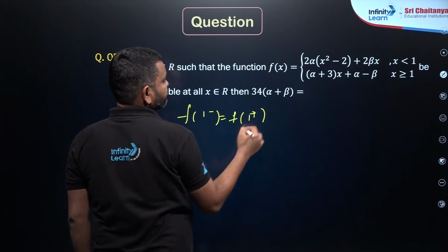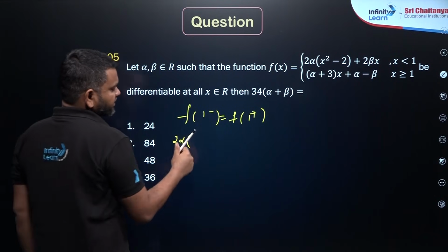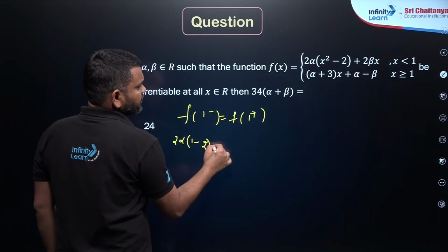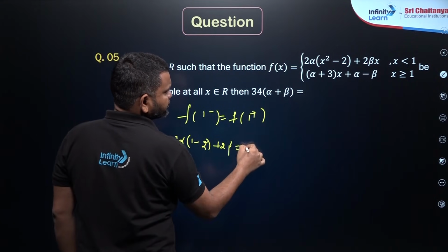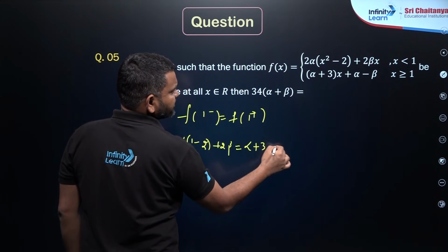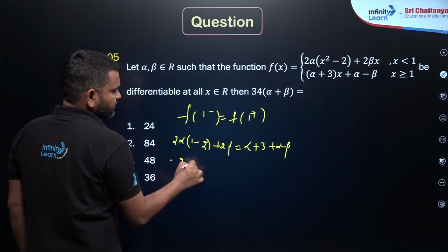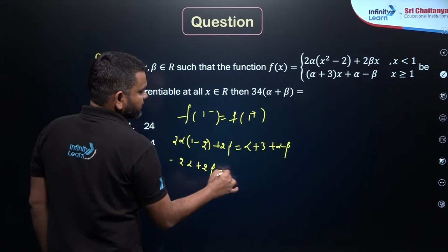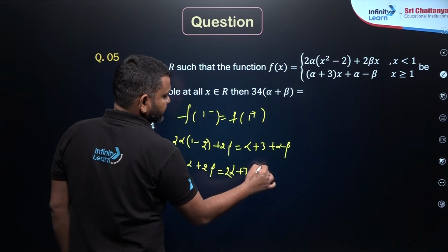So here f of 1 minus is equals to f of 1 plus. So I am putting the values here, 1 minus 2 plus 2 beta, that is equals to 1 value I have to substitute here. This is going to be alpha plus 3 plus alpha minus beta. Now this is minus 1 minus 2 alpha plus 2 beta, that is equals to alpha plus 3 or 2 alpha plus 3 minus beta.